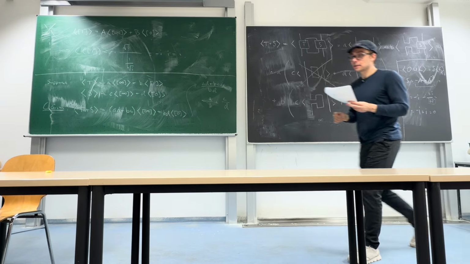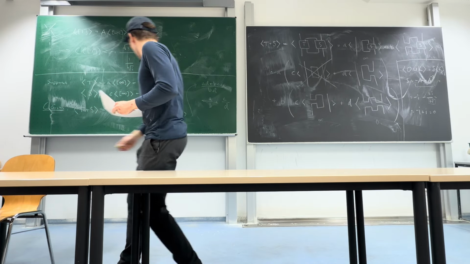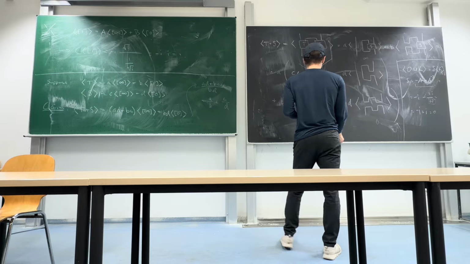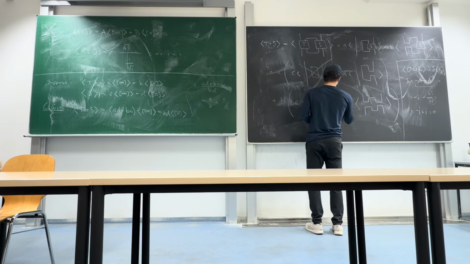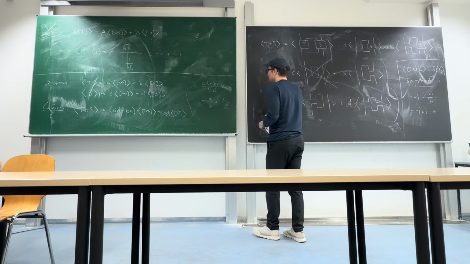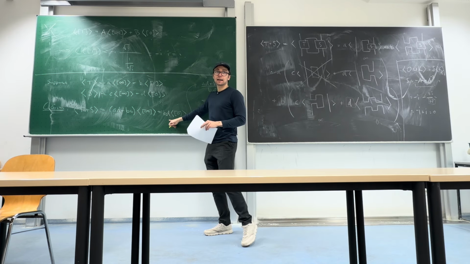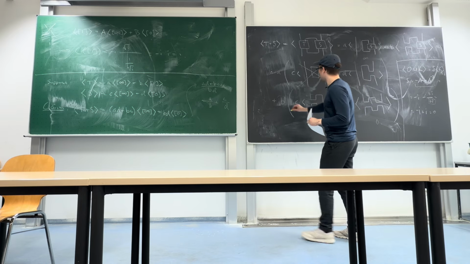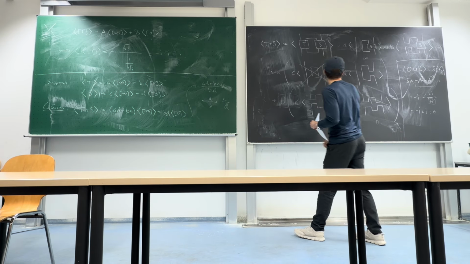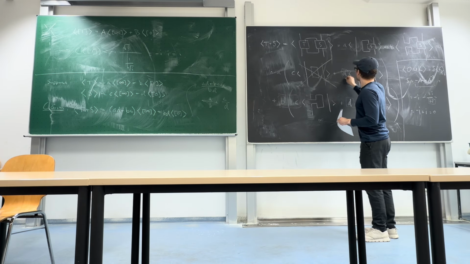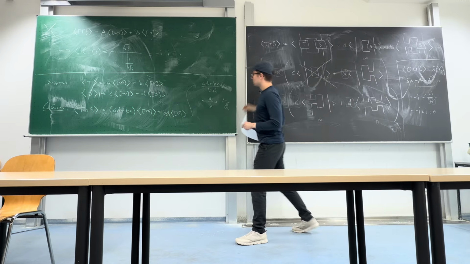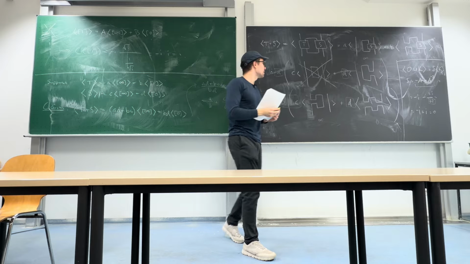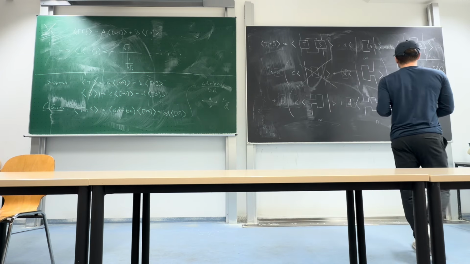Now, if we just collect the terms, we see that, well, for the 0 term, we get D times B, which is exactly what we should get. And for the infinity term, we get BC plus AD. So this is exactly what we had. And so this concludes the proof.